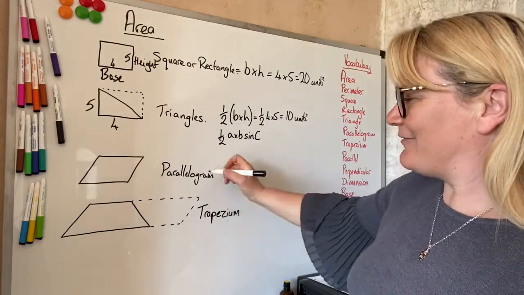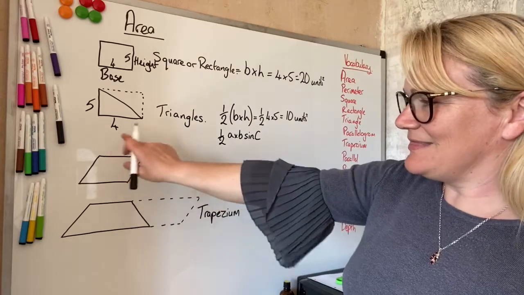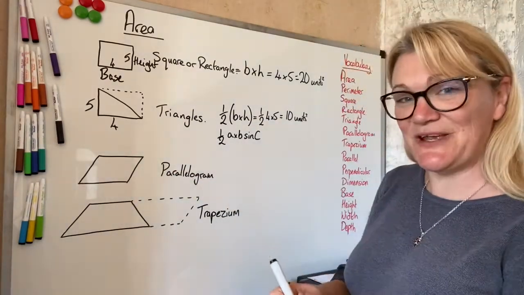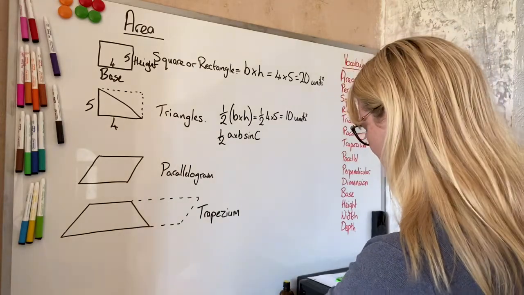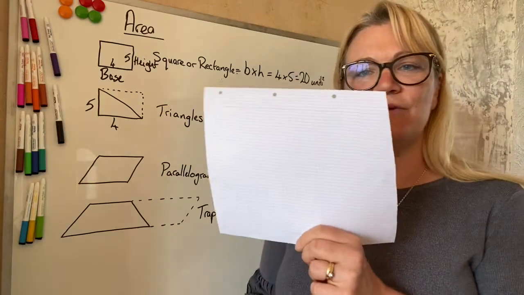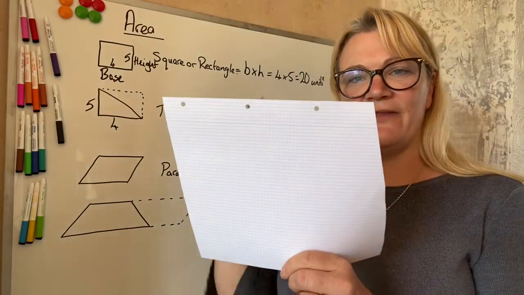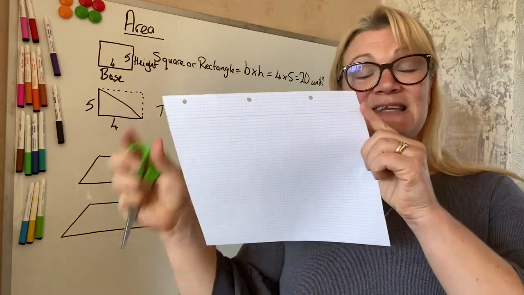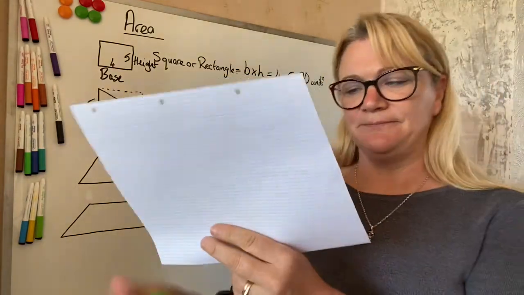For a parallelogram, I've actually got a manipulative for you here, a special bit of paper that I prepared earlier in true Blue Peter style. So, parallelogram. Hopefully you can see that that's very clear and that is 2 parallel sides, top and bottom, and another pair left and right.